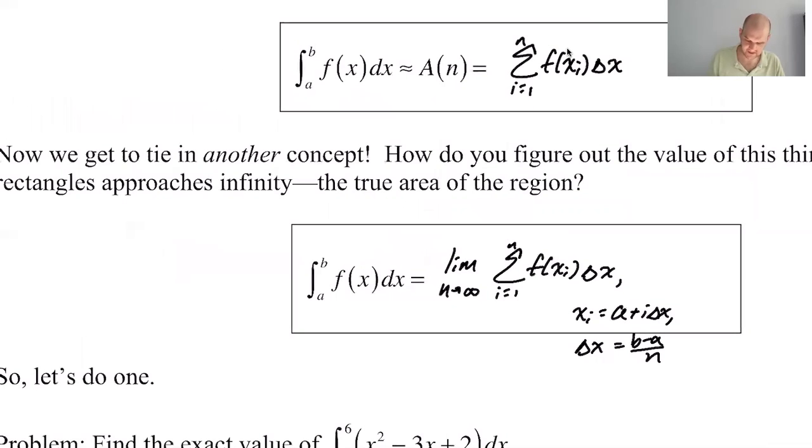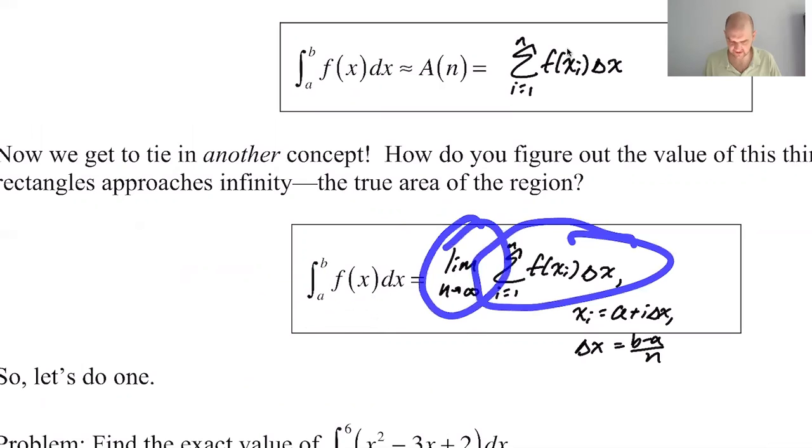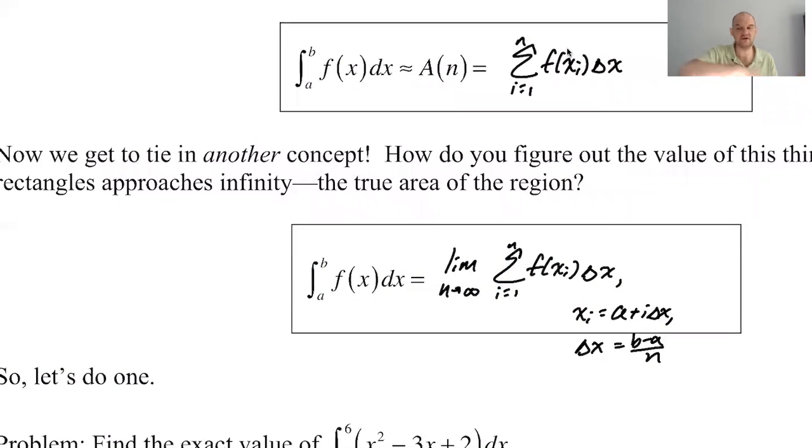So this gives us a, it gives us b, it gives us f of x. We use a generic n for the number of rectangles, and then we can set all of this up, take the limit, and it'll give us the value of the definite integral.